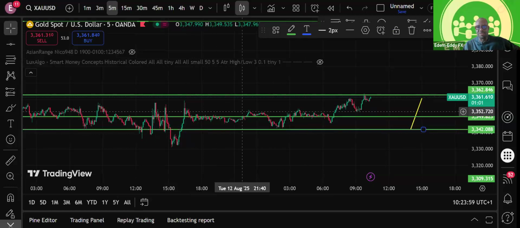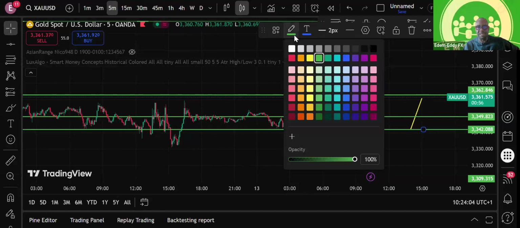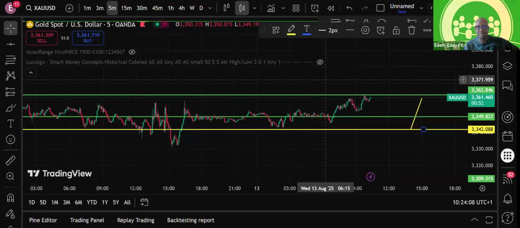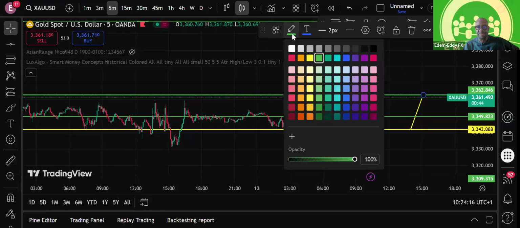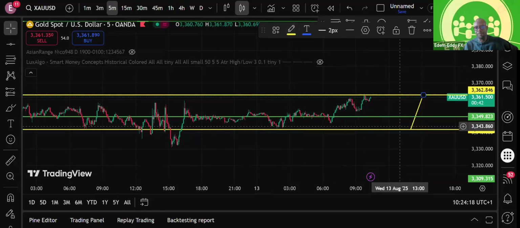Now, having understood this, let me change the color, so let me use yellow here, down. Okay, so within this range and within this channel, you can as well scalp.